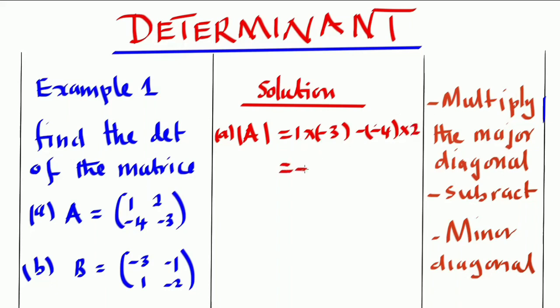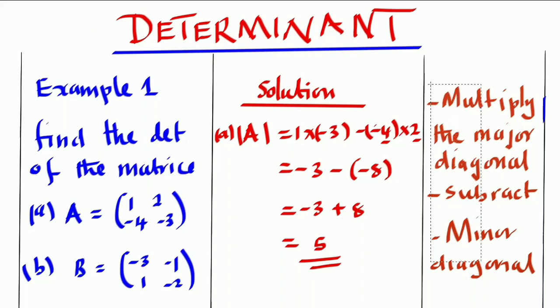So here we're getting -3 minus -8, because -4 times 2 will give us -8, which is equal to -3 plus 8. Negative and negative will give us a positive. When we work it out using the number line, we shall get 5 as our determinant. So the solution for A is 5.